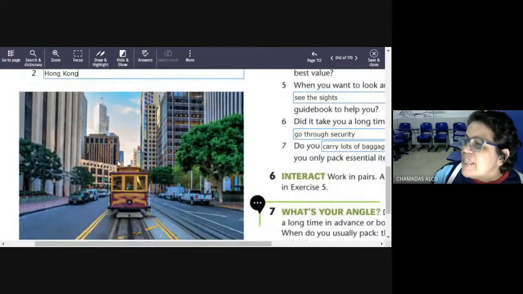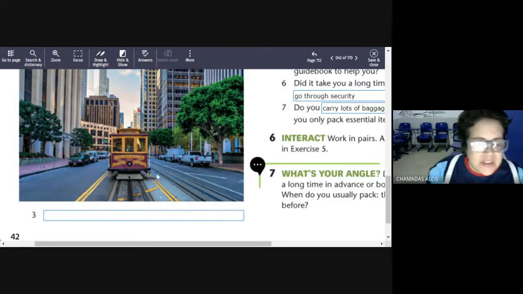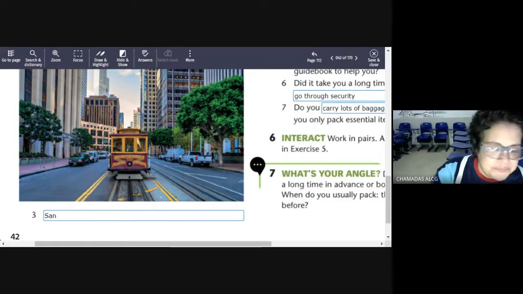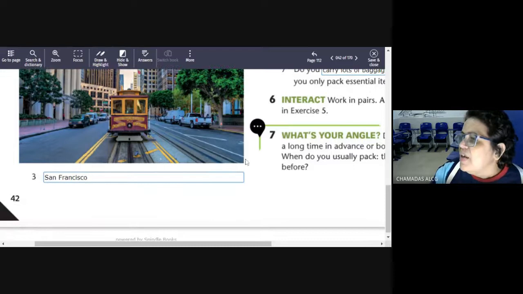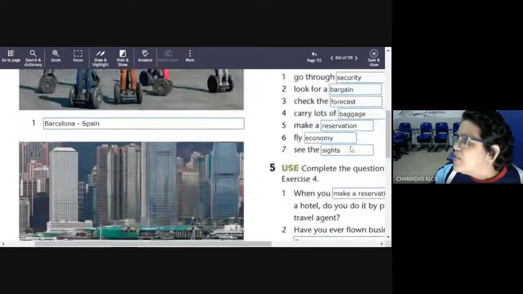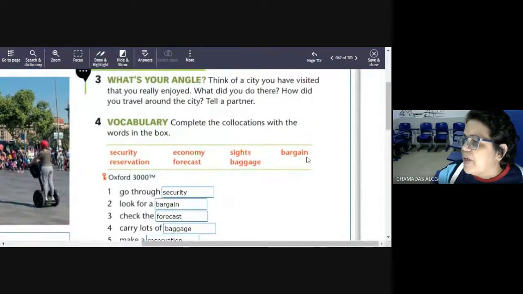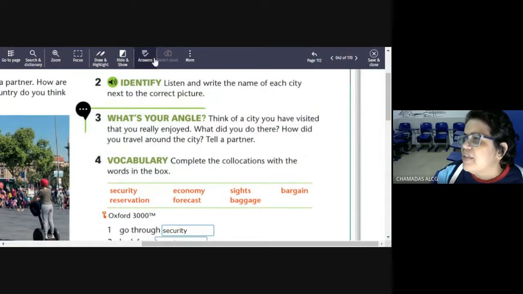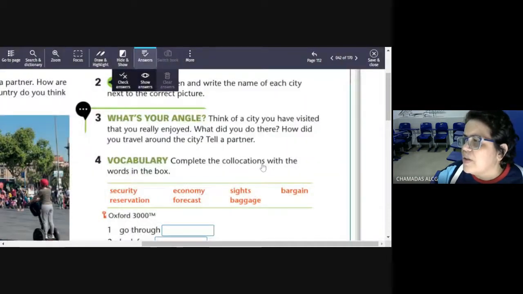Taiwan. And this one here, they say that you don't know where it is, but let's put San Francisco anyway. Okay. All right. So let's take a look here at some vocabulary from this lesson. I will try to clear the answers just so we can do this.